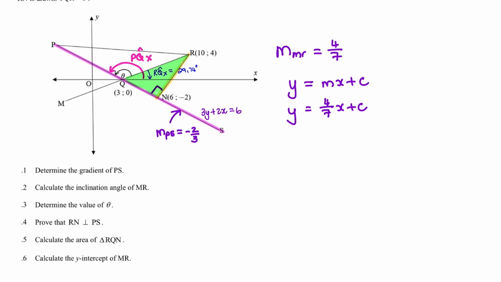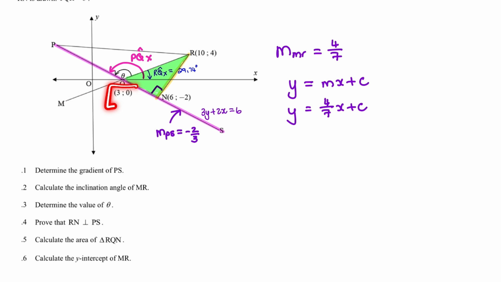And what we want to do is find the value of c, because that represents the y-intercept in the equation of a straight line. So in order to solve for c, I need to substitute a value for y and x into this equation, and you can choose to substitute any of the 2 points that you find on that line.